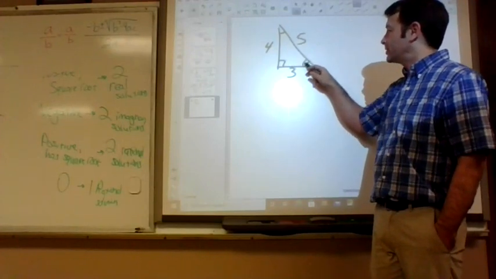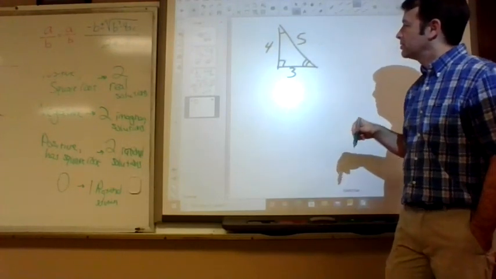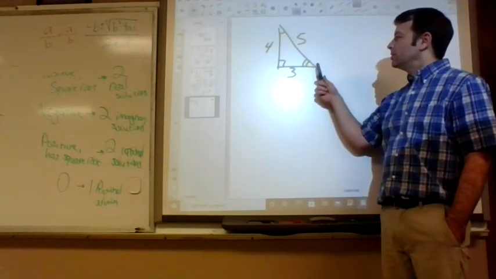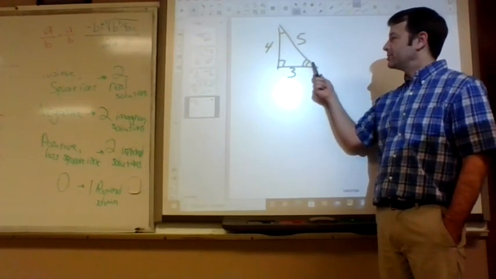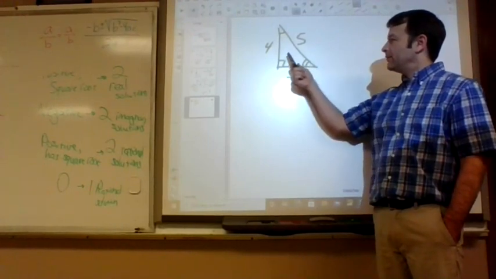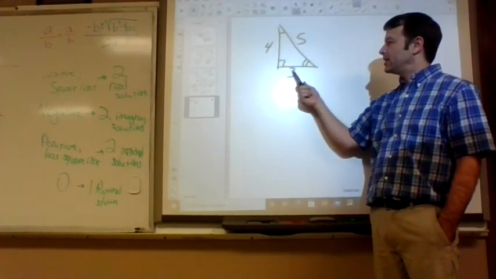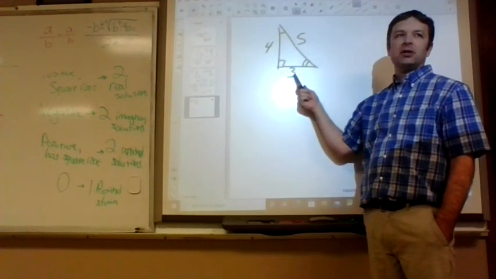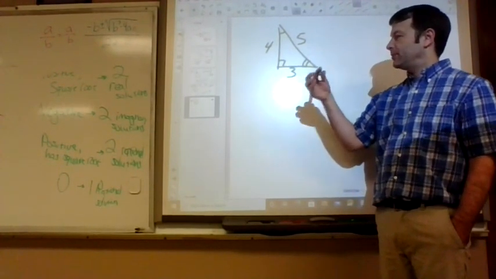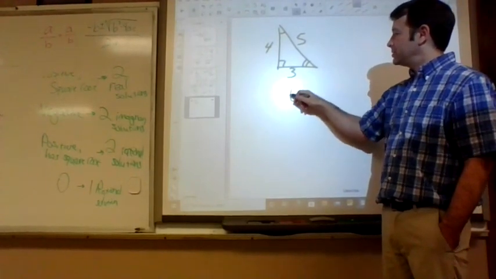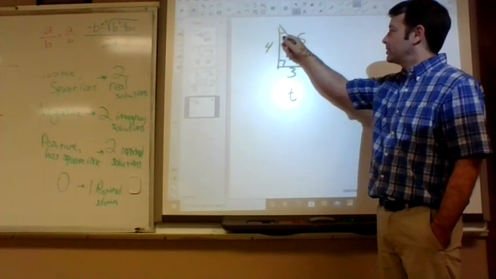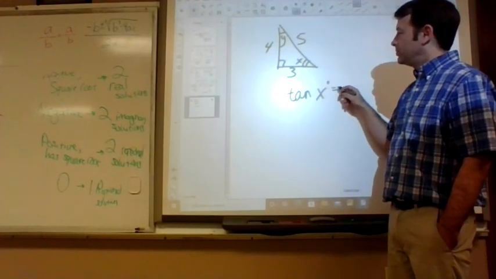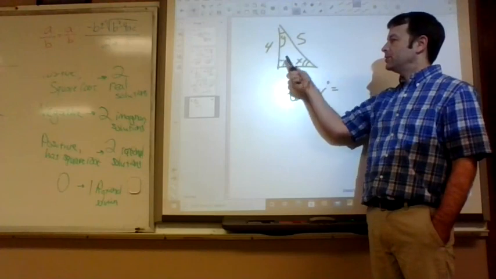How could I find this angle right here? Okay, well there's lots of options. If I use these two sides relative to this angle, what are these two sides? Adjacent and opposite. Tangent is opposite over adjacent, right? So if I call this x, tangent of x should equal the opposite over adjacent, 4 over 3.